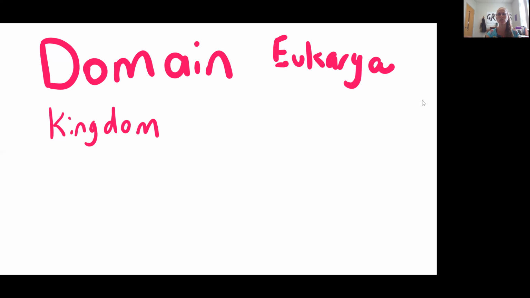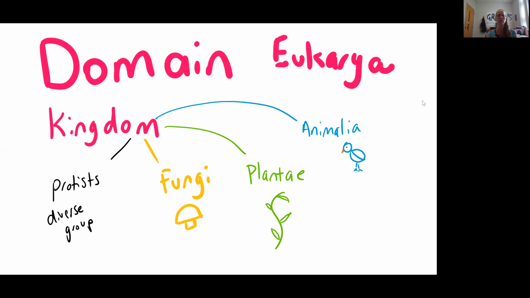You can further classify your organisms in your Eukarya domain into kingdoms. And we will see that there are really four accepted kingdoms. We have the protists, which have been classified as a kingdom in the past, but now are recognized as a pretty diverse group.